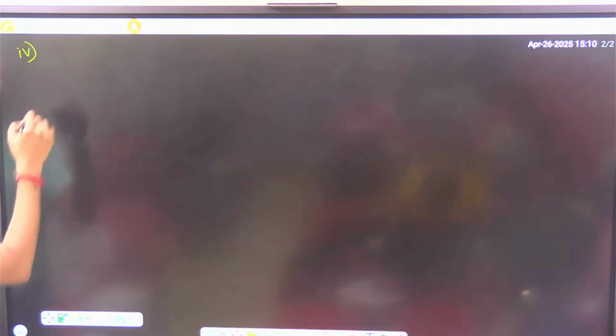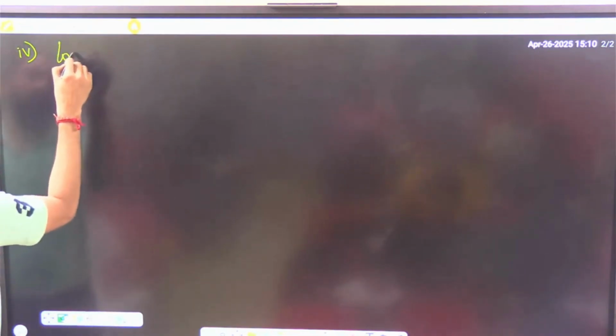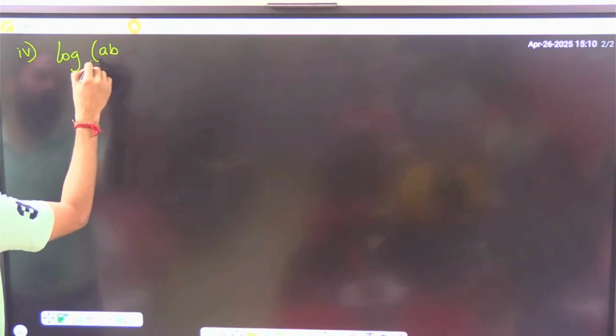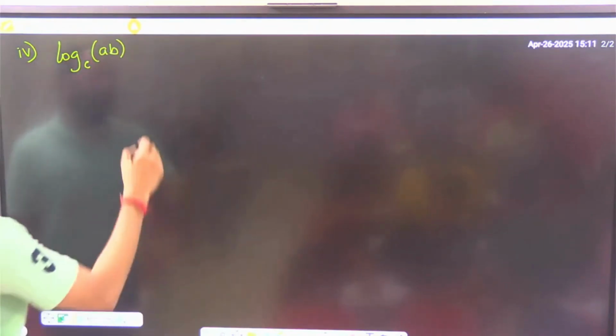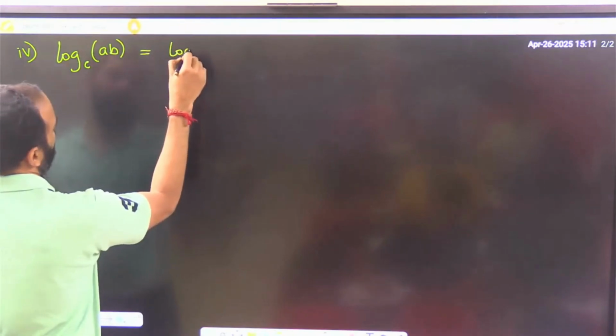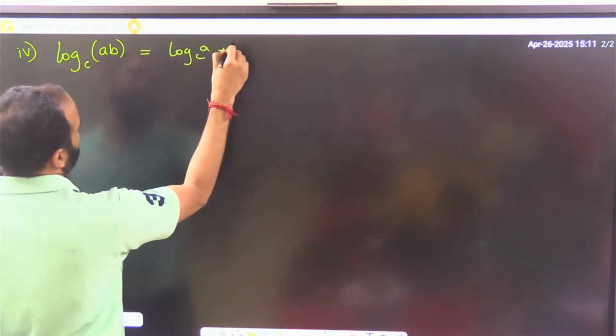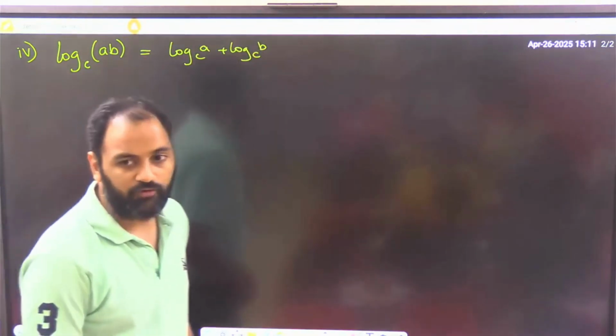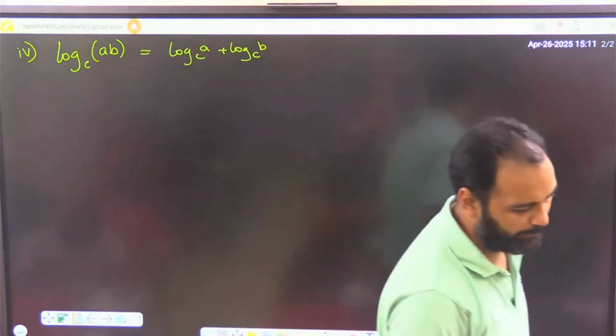Fourth property. Now from here the actual properties of log that will be useful for problem solving will start. Log of AB to the base C. If we have a product of numbers inside the log, this is like writing log A to the base C plus log B to the base C. Log of a product splits as a sum.